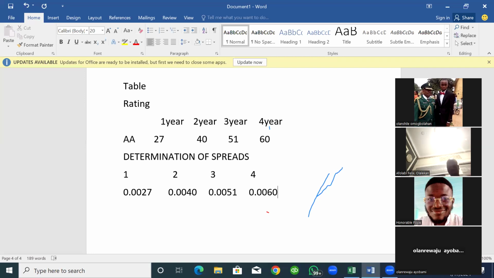Yes. So let's now come here. Determination of rate of return.